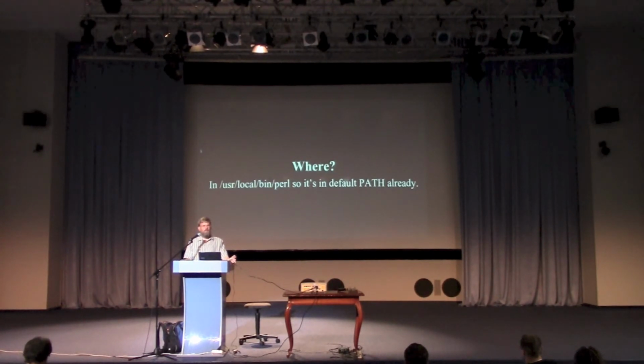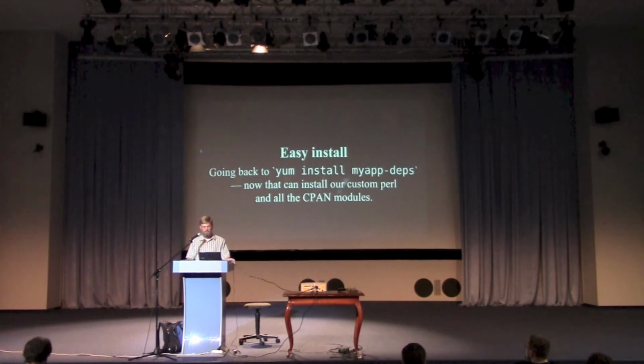Because the system Perl uses /usr/bin/perl as the location for the binary, we couldn't use that, and we decided to use /usr/local/bin/perl. And according to Red Hat's package guidelines, and Debian's too, I believe, that's a mistake. We shouldn't have done that. We liked it because it was in the default path already, so it was easy to get to.